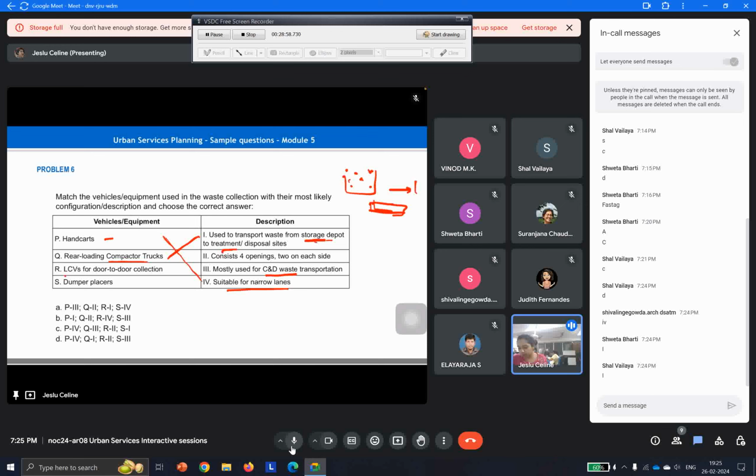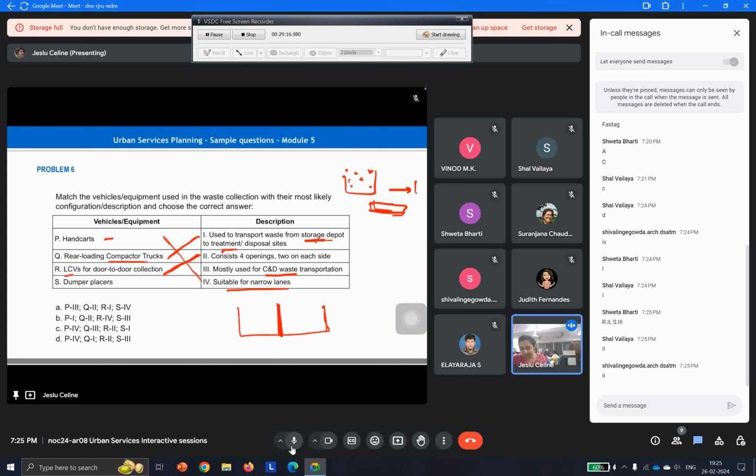Now light commercial vehicle for door-to-door collection. Two, consists of four openings on each side. Yes, it consists. So we might have observed that in the truck, there can be certain compartments, and then these bins taken from different regions can be put in different compartments.